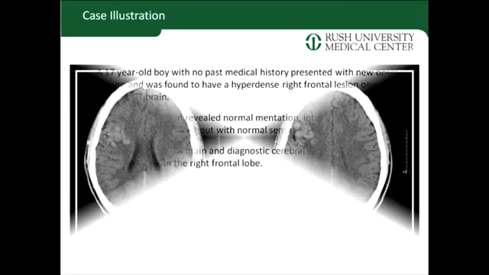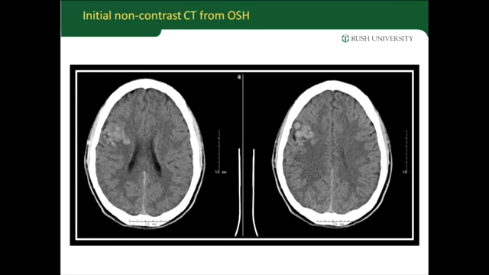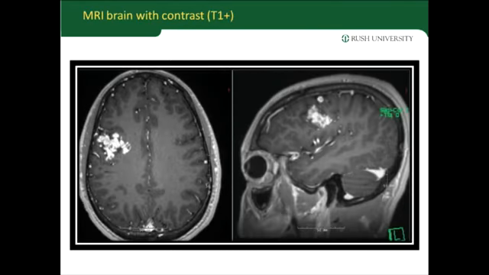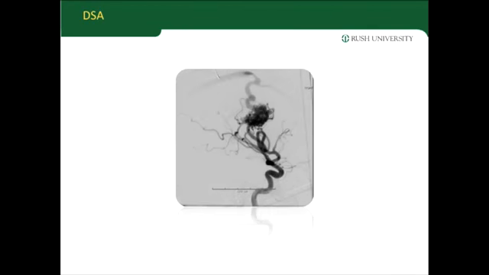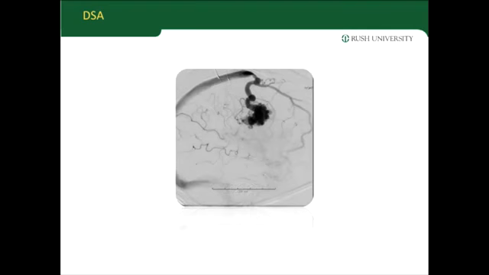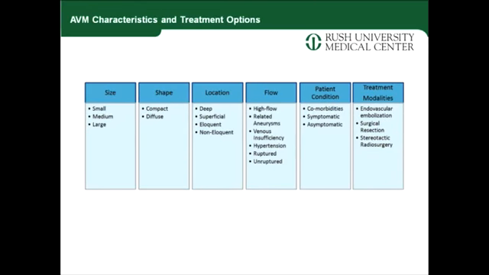The treatment of AVMs today is quite a challenging decision, perhaps one of the most challenging decisions we have to make in cerebral vascular surgery. So taking into consideration the CAT scan, MRI, and cerebral angiography with 6 vessels, cerebral angiography is extremely important so that one can evaluate the size of the arteriovenous malformation, the shape, if it's compact or diffuse, the location, which is extremely important, the type of flow into this lesion, and certainly clinical information such as patient condition.